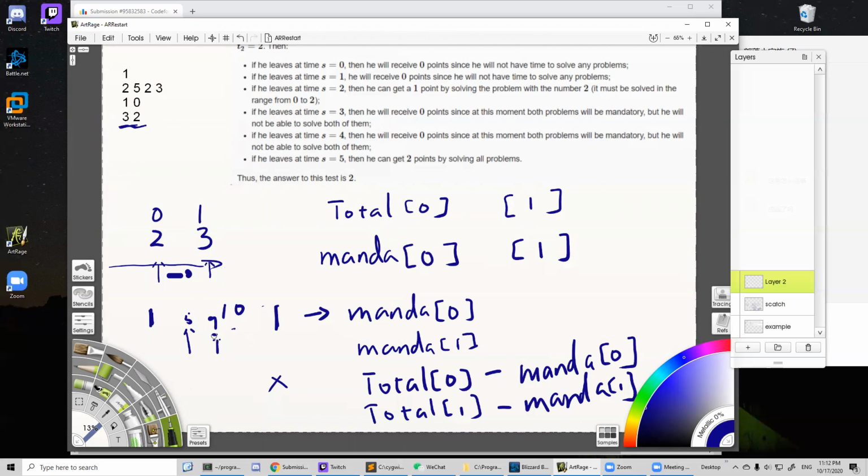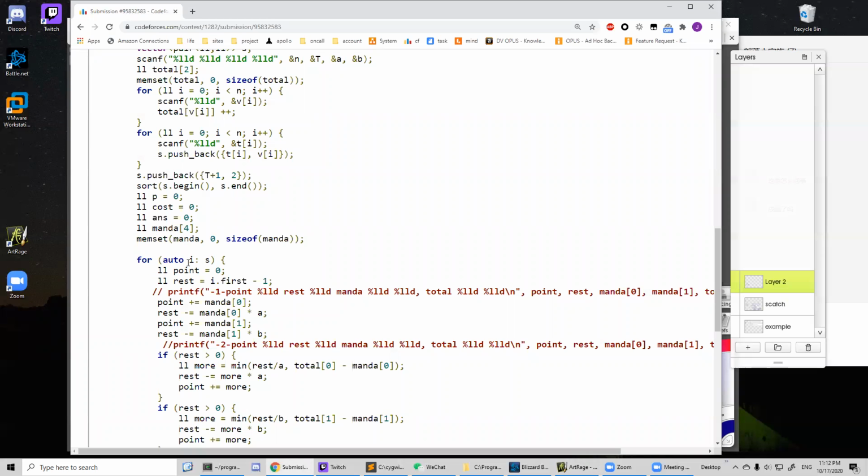Because if we choose time 9, we can have 4 more seconds to spend on the problems, but we won't have any more mandatory problems here, right? So obviously 9 is a better answer than 5 in this case. So we just need to iterate through all those problems' times, right?